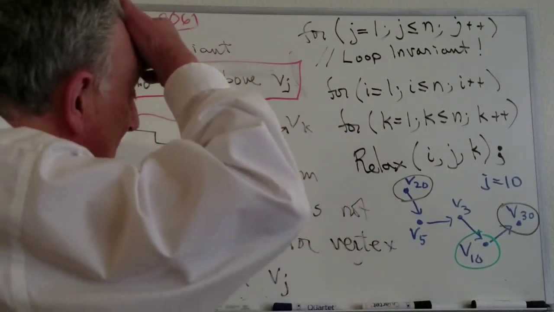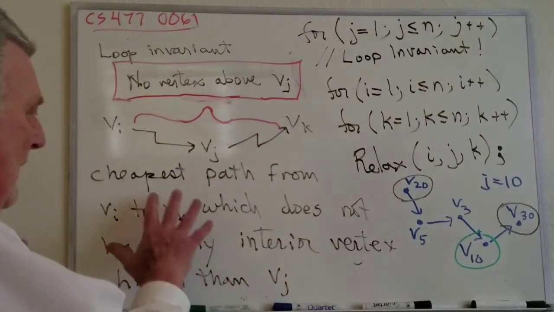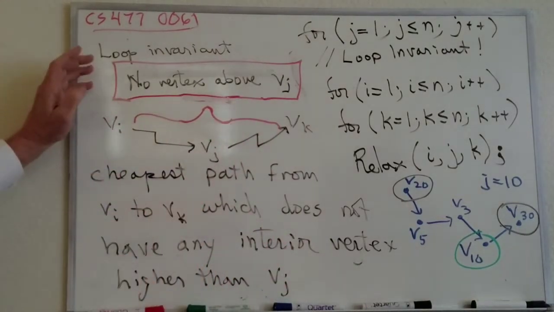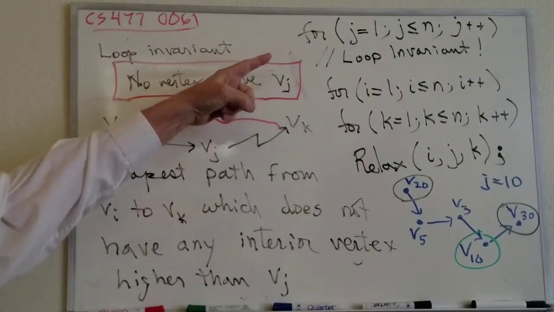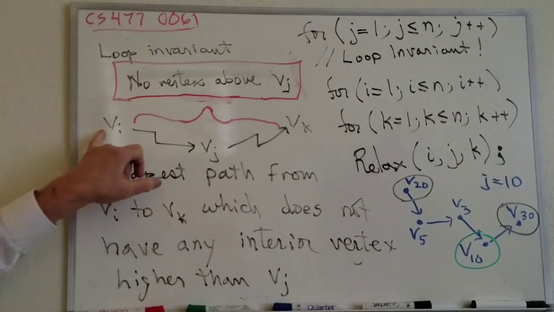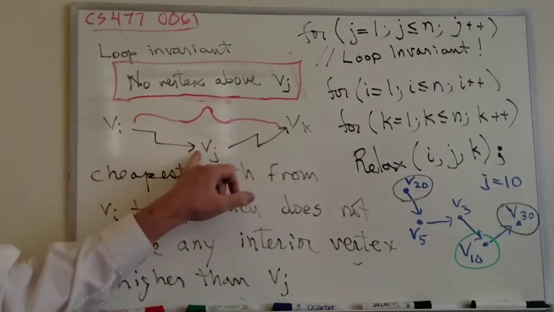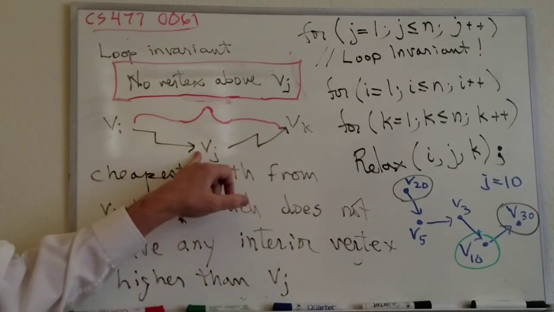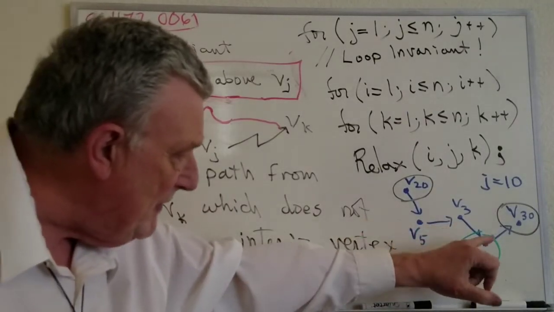Now, there is a loop invariant here, which is important. The loop invariant says that after we have finished the loop for a given j, for any i and k, even if those i and k are larger than j, or smaller, the shortest path we have found so far between i and k may include vj, but it may not include any v with an index higher than j in the interior.